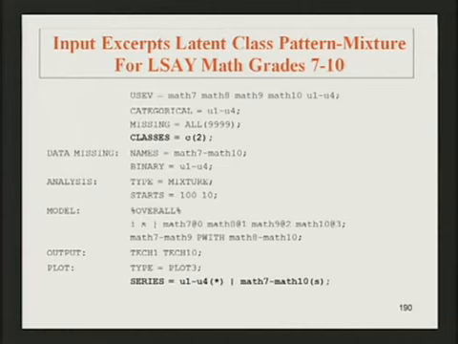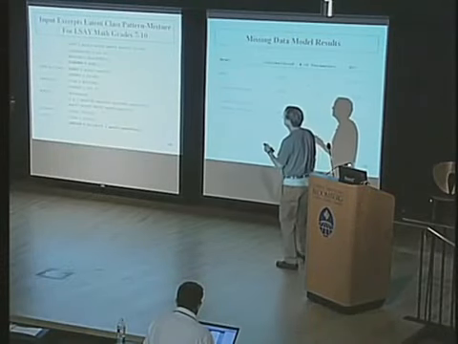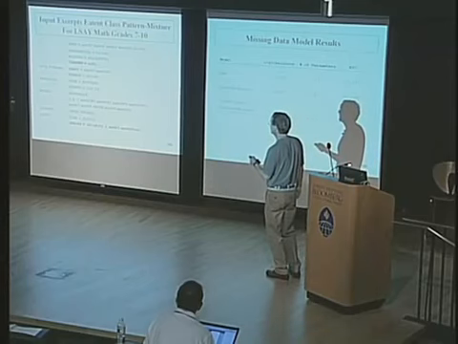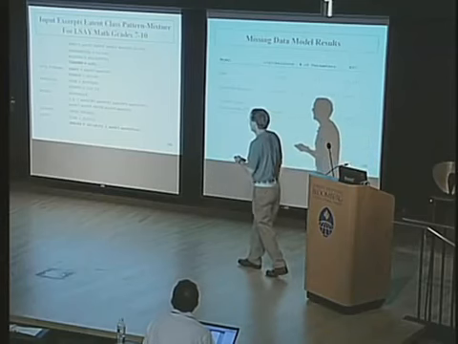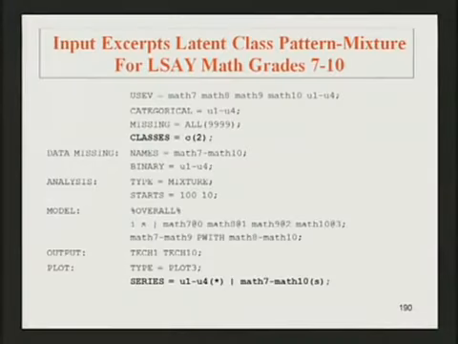But if you want to take non-ignorable missingness into account, which we are doing by these 2 techniques, not that technique, then you need to include the u's. So you use a data missing option in Mplus and a latent class option, and you have the growth model here, and you can plot.